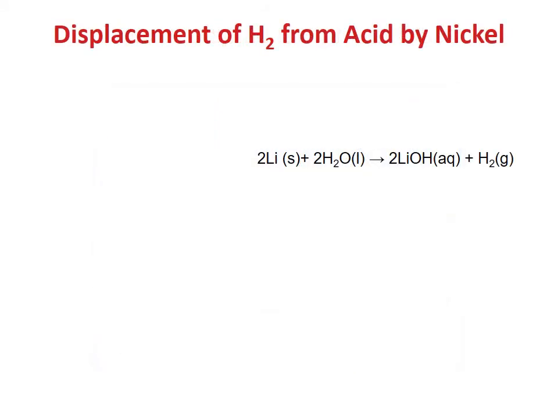In the last slide, we showed a redox reaction where lithium metal can displace a hydrogen from a water molecule to form hydrogen gas. There are other metals that can do the same reaction, such as sodium, potassium, calcium, and these are the most reactive metals.